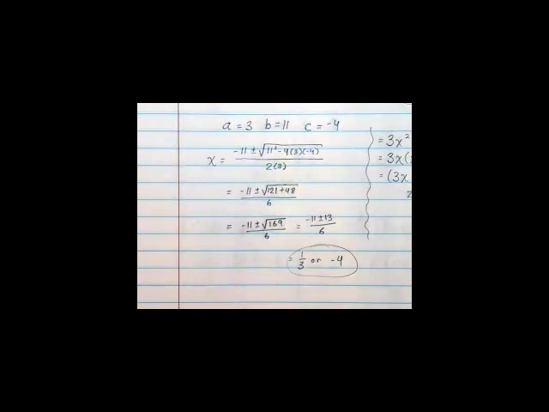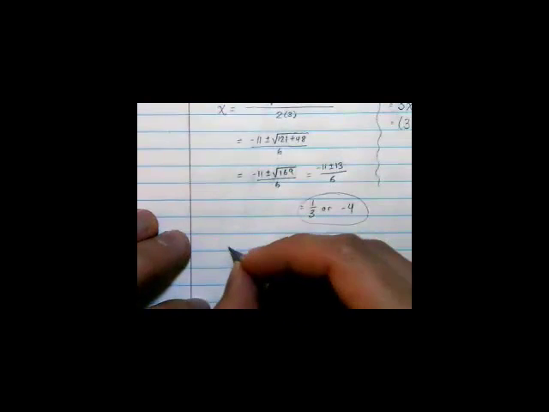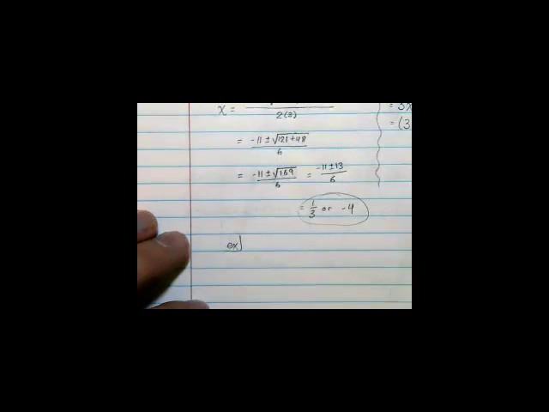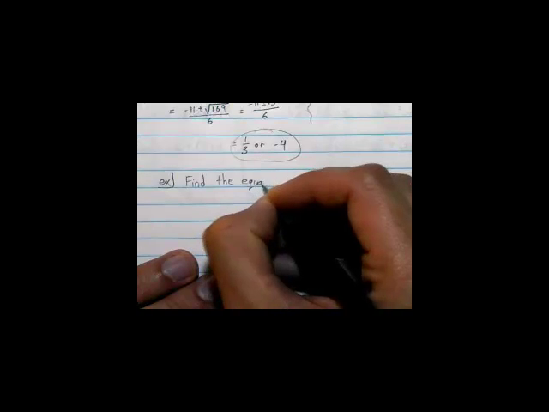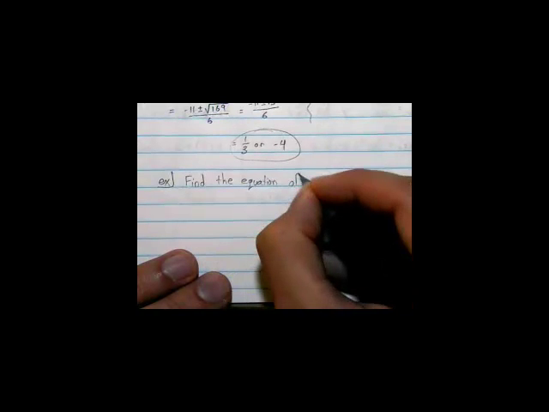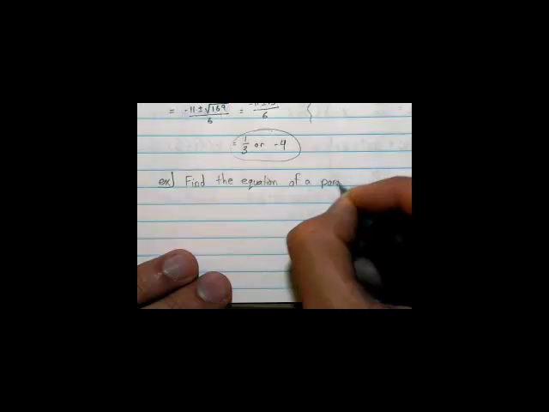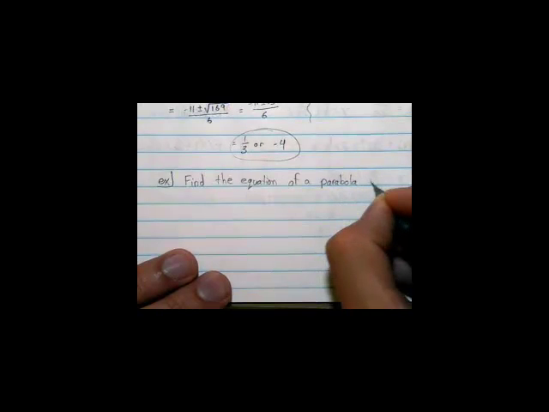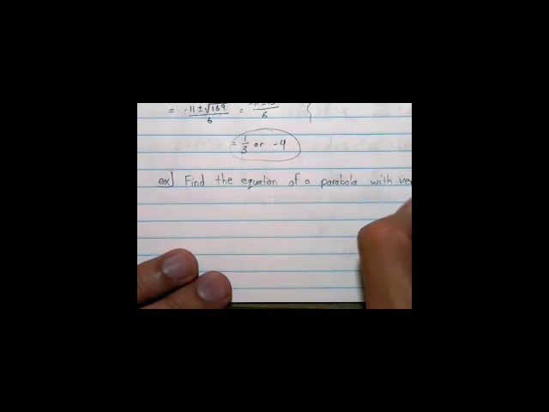Very last thing, and then I am done, I swear. I forgot to do this. I should have done this when we were talking about vertex form. But there are going to be some questions in your homework, and I inevitably get people confused by them every year, so I just wanted to do one with you. We're going to find the equation of a parabola with a vertex given.